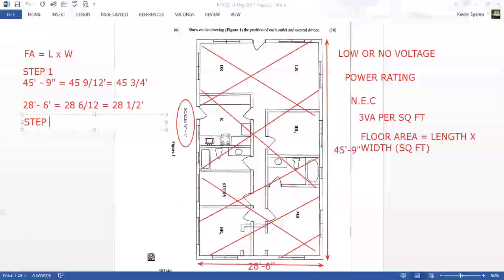The next step is to convert the mixed fractions to improper fractions.